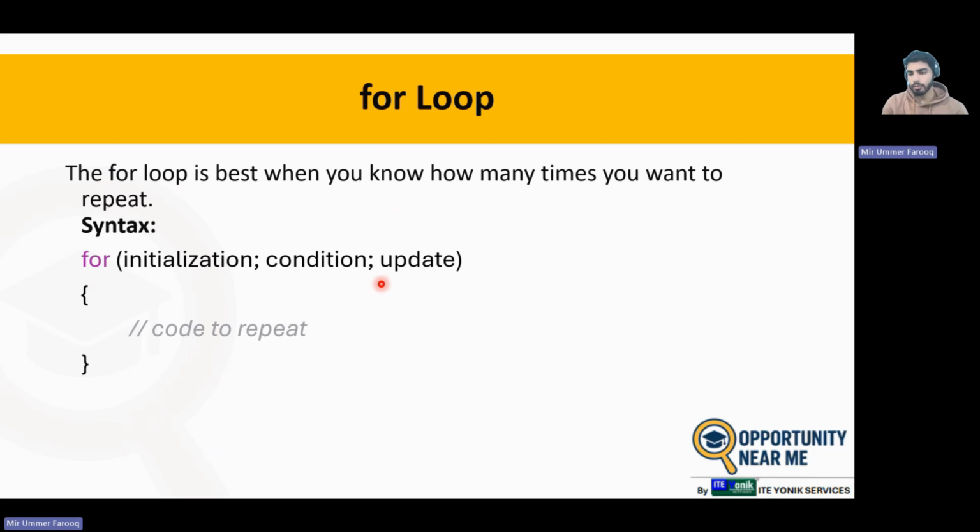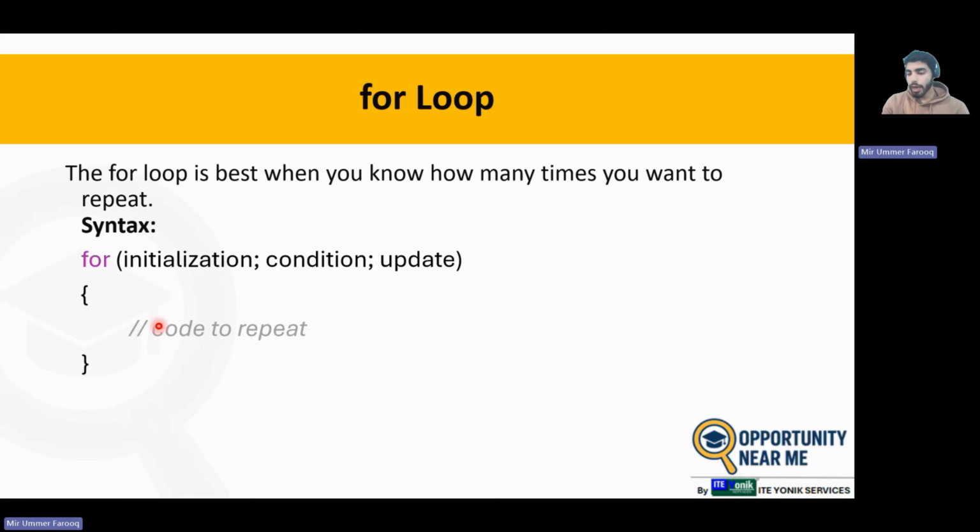And then we have updation, because you will be checking that condition on some variable. So to stop the loop we need a condition, and we are using that condition on a variable, so we need to update that variable step by step, so that at one point the condition will be met and the loop will stop. And in these braces we write our particular line of code that we want to print.